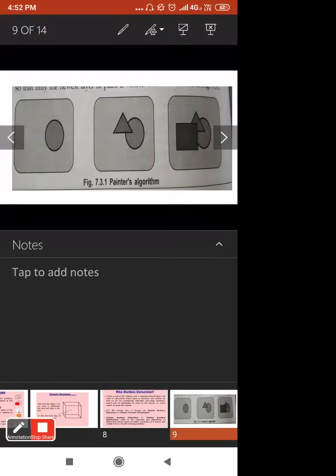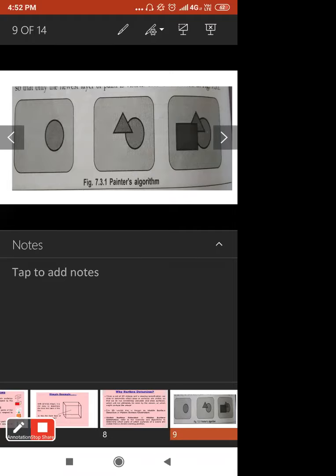This process involves sorting of polygons in order of decreasing depth. Those polygons which have the greatest depth from the viewer's point of view, we can say, are the back faces, and we are going to paint those later.